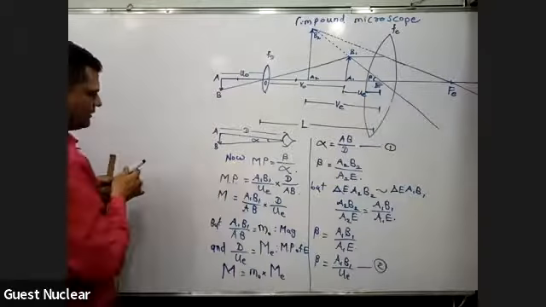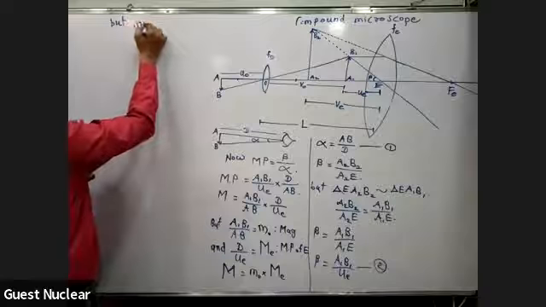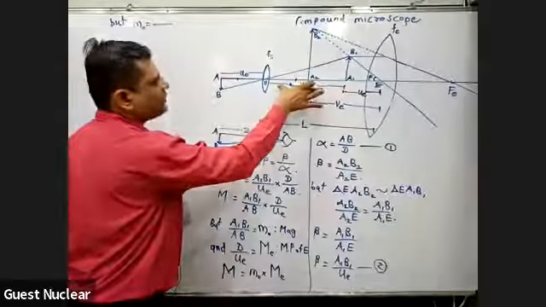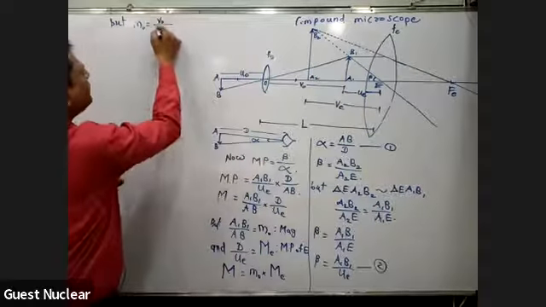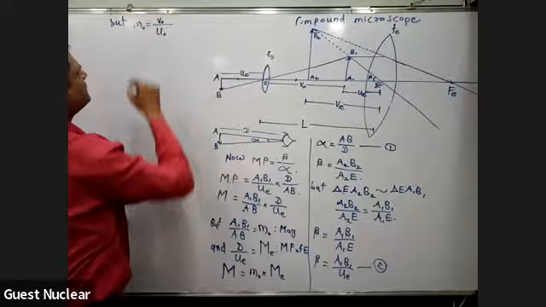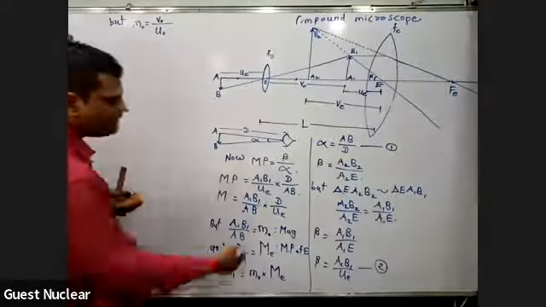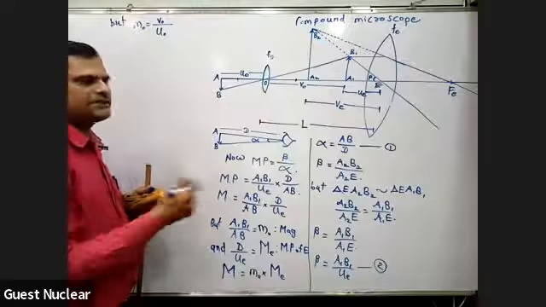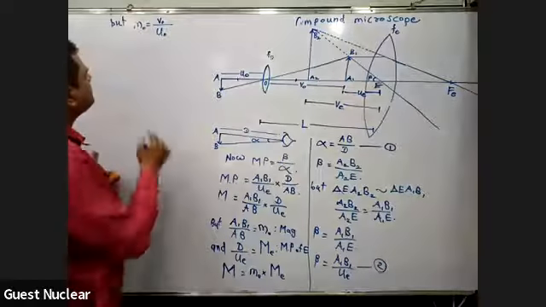see here, we already know that the magnification produced by the objective can also be written as simply equal to the image distance, that is VO, okay, VO upon UO we can say. So VO upon UO we have to put here in place of MO, and in place of ME we can put either D upon F or 1 plus D upon F, accordingly whatever minimum or maximum value we want.